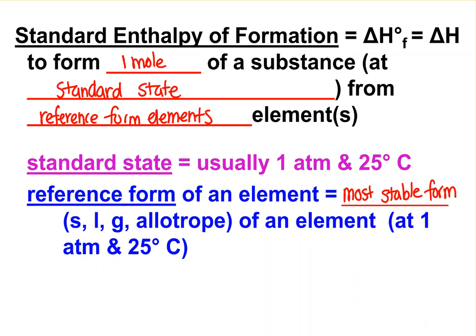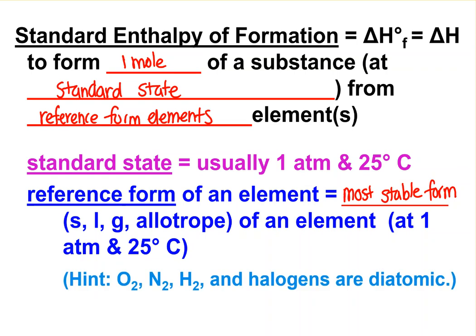But anyway, this is a good way to think about it. If we're not looking at ions in solution, it's the most stable form that's possible. And you should know that for some elements, being diatomic is the most stable. So we know that those are the reference forms of those elements.